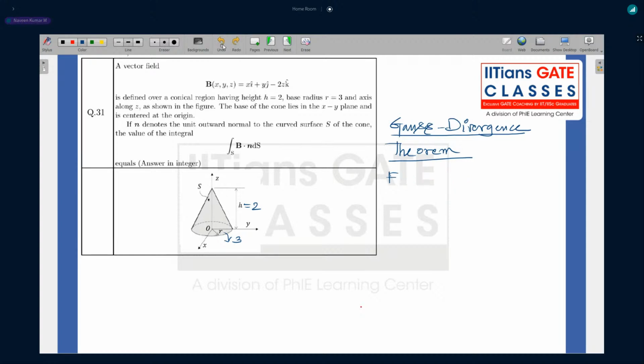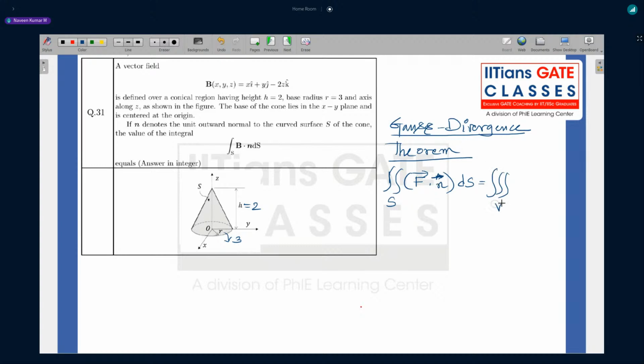It is a double integral over the surface. Here they have given S, but it is a double integral only. So it is f dot n cap dS is equal to a triple integral.